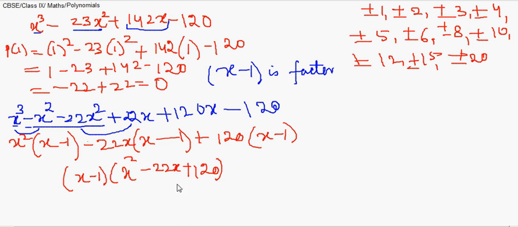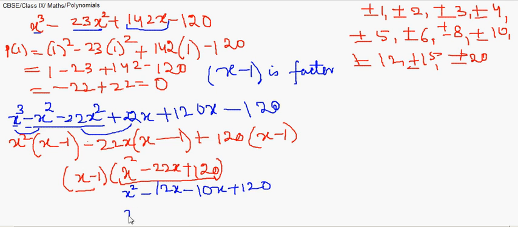Now this being one factor, if we factorize this part, that is x square minus 22x plus 120, by simple middle term splitting, that will give us two more factors. Let's do that. If I split this here, it becomes x square minus 12x minus 10x plus 120.